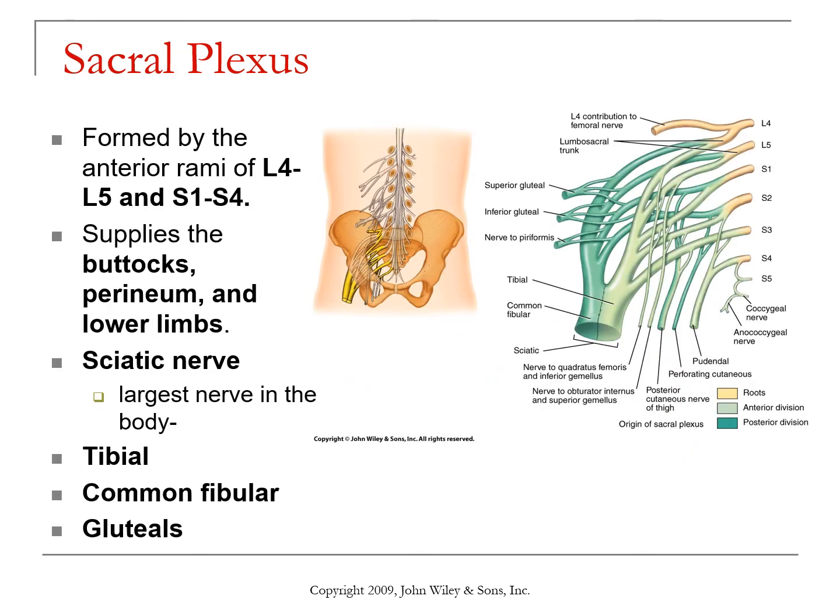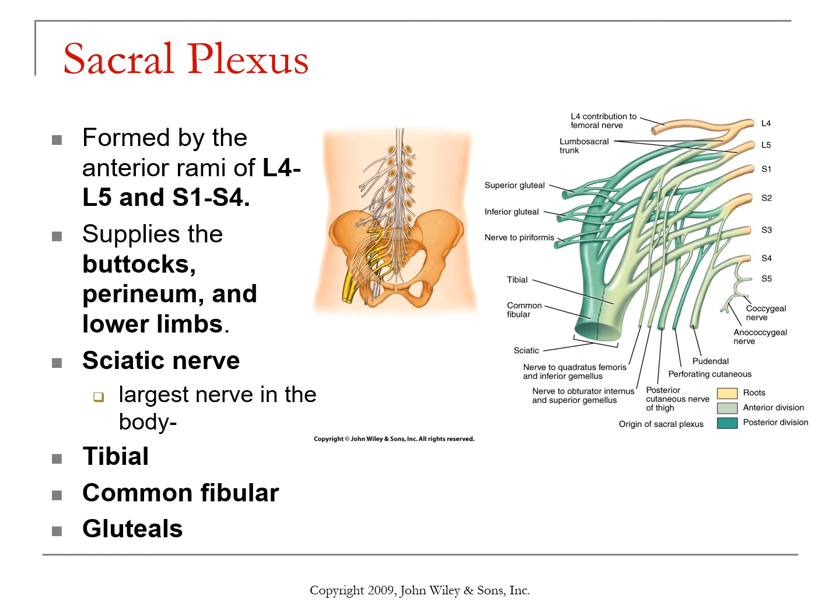The last major plexus we will consider is the sacral plexus. It is formed by axons from levels L4 and L5 and S1 through S4. So it's quite a few spinal cord levels contributing to this plexus.